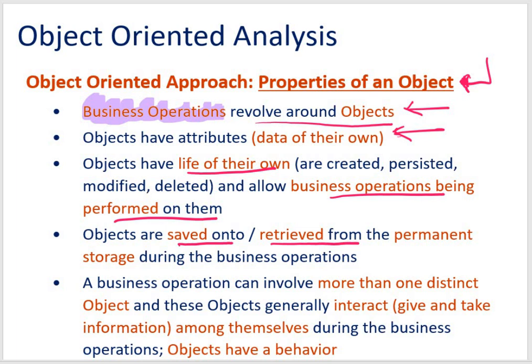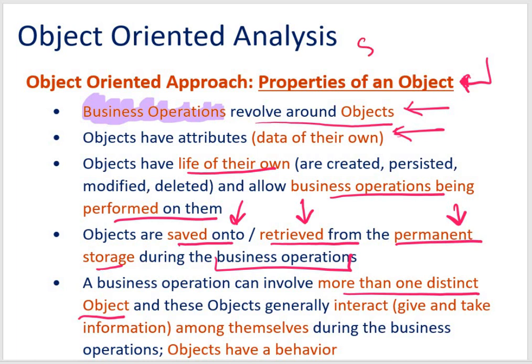Your objects are saved onto or retrieved from the permanent storage during the business operations. So that means my object will be saved and retrieved several times in permanent storage during all these business operations.